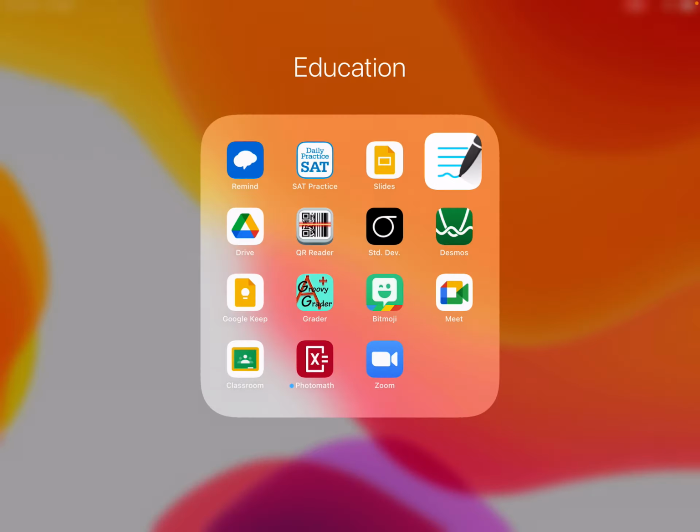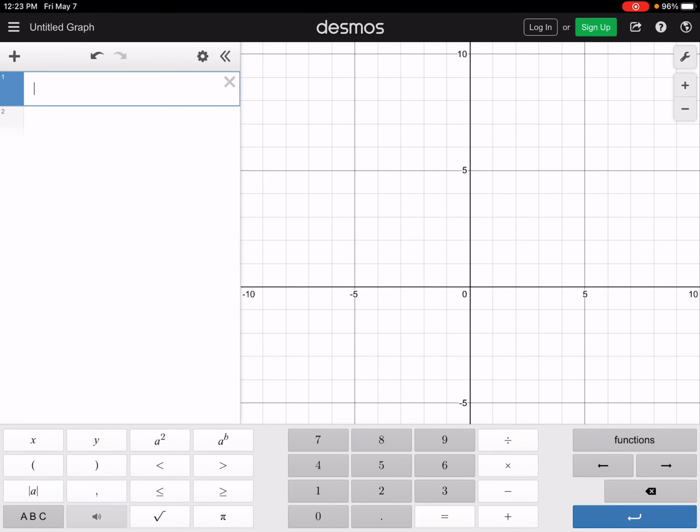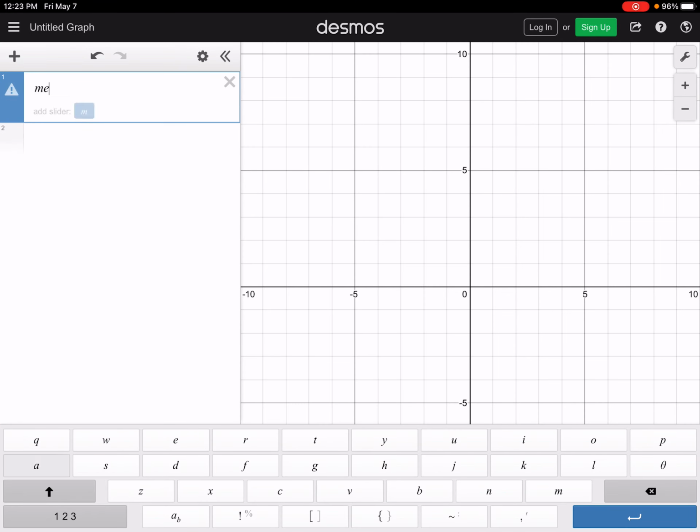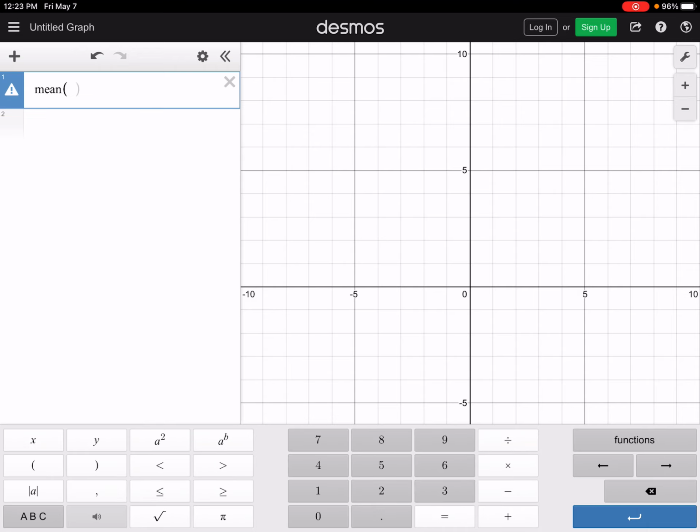All right, so I'm just going to find my Desmos. We're just going to type in the word mean. This will give us the mean. I do some parentheses, and then I just type in my data: 71, comma, 76, comma, 81, comma, 73, 72, 81, 75, 72, 72, 74.